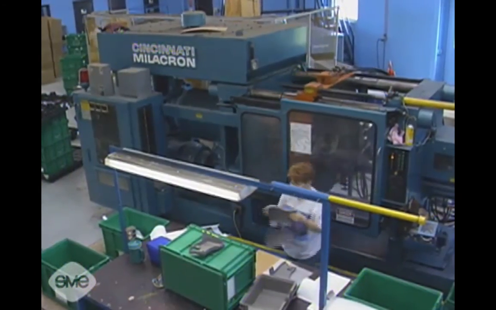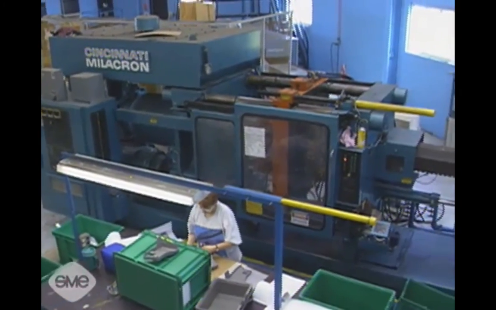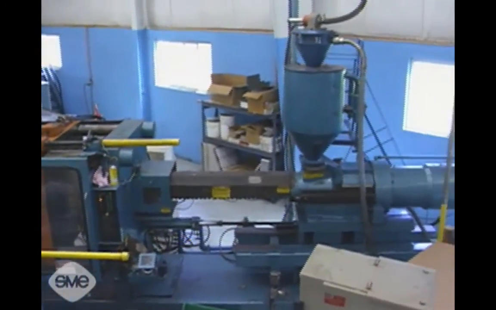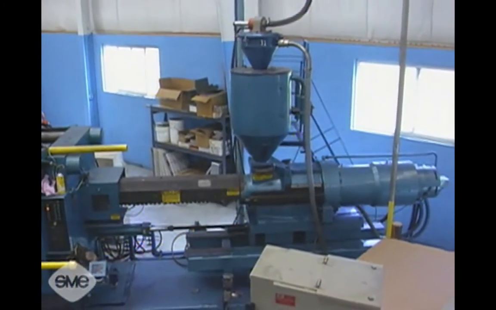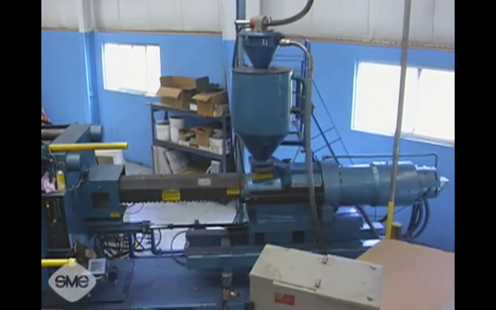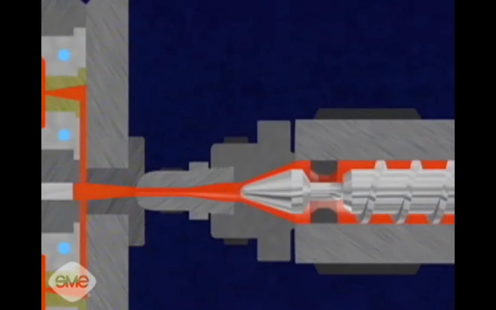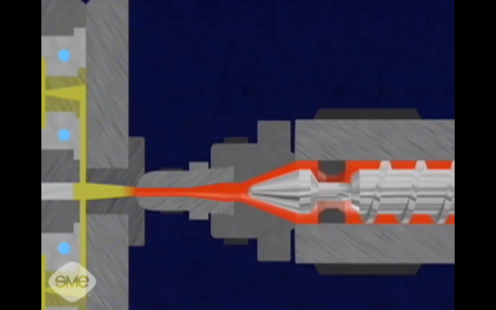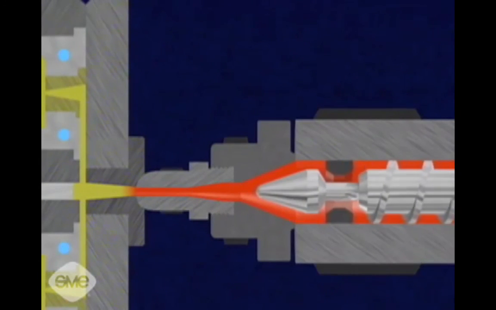At the time of injection, the material's temperature ranges from approximately 320 to 600 degrees Fahrenheit, or 160 to 320 degrees Celsius. Once the plastic solidifies, no more pressure can be exerted upon it in the mold. The reciprocating screw then begins to rotate again, melting material for the next shot.